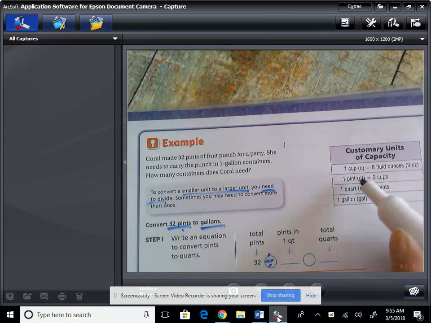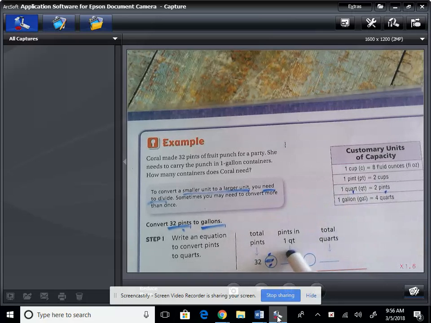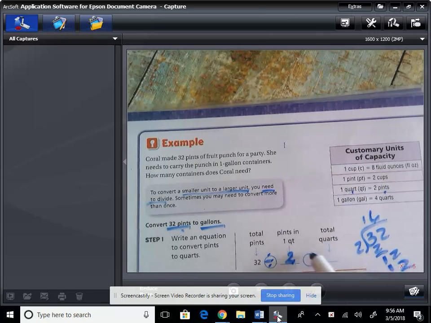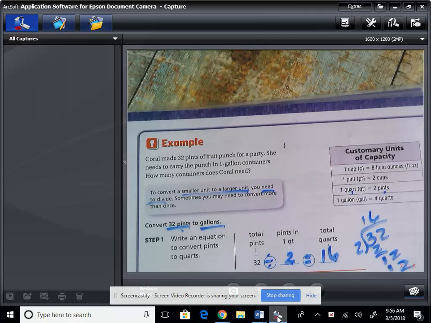Well, let's look. There are 2 pints in 1 quart. So we're going to divide by 2. So 32 divided by 2 is 16, but I'll do it this way just to be sure. Equals 16 quarts.